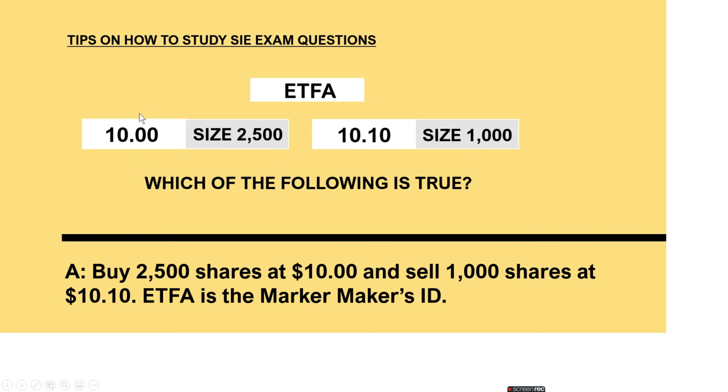Remember that the bid price will always be less than the asking price, and the ask price will always be higher than the bid price. 2,500 shares at $10 per share is what the market maker is willing to purchase. They will sell 1,000 shares at $10.10 per share. This is the only correct answer. Anything outside of this is not the correct answer. So whatever values you see inside of the market maker quote, those are the only correct answers for the question.